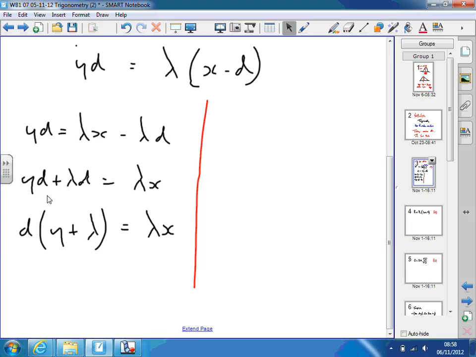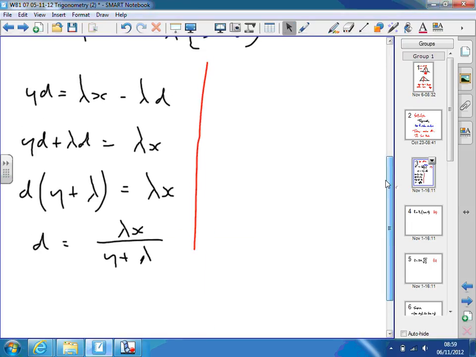Now D is multiplied by that whole bracket, Y plus lambda. So to get rid of the bracket, divide both sides by Y plus lambda to get rid of that whole bracket on the left hand side, and we get that D equals lambda x, all divided by Y plus lambda. And that's the solution.